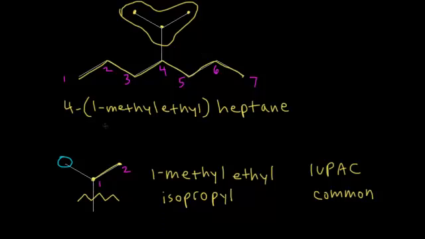So you could have said, oh, this is 4-isopropyl heptane, and you would have been absolutely correct. So that's yet another IUPAC name. So iso means same, and it probably comes from the fact that you have these two methyl groups giving you this Y shape that are the same. So that's one complex substituent, one that has 3 carbons on it.